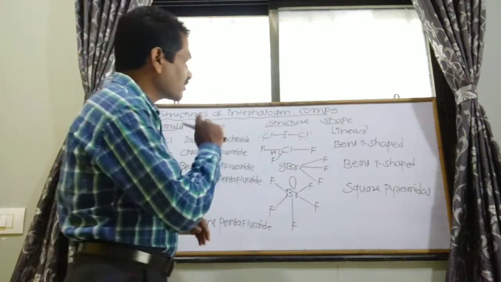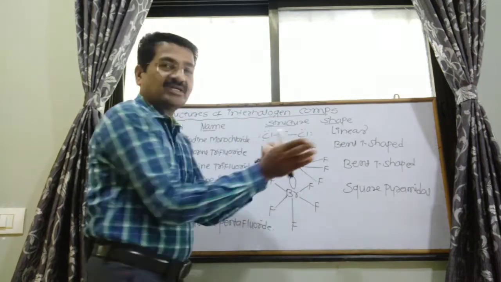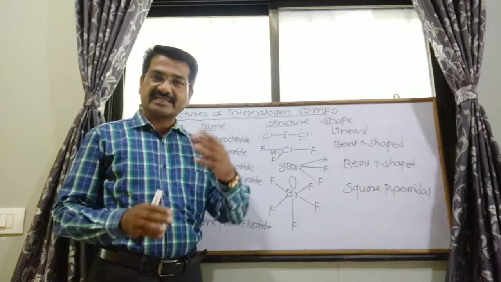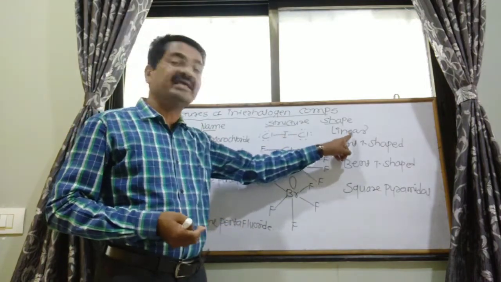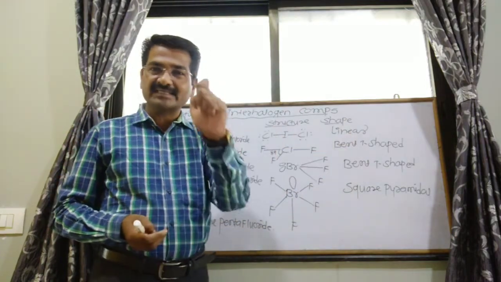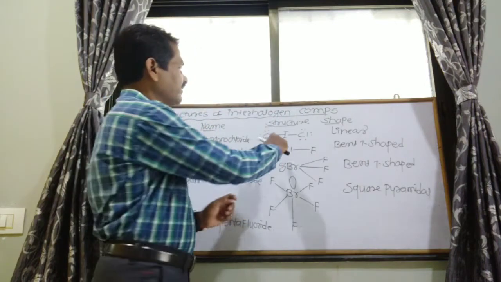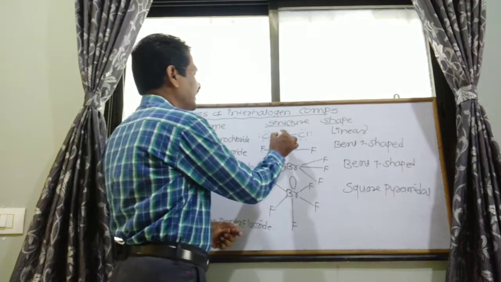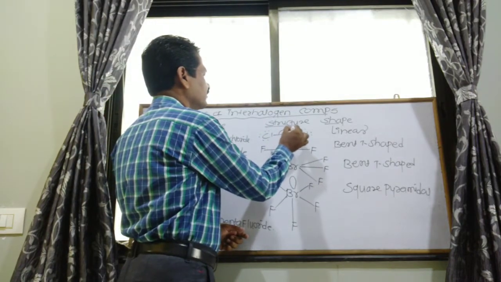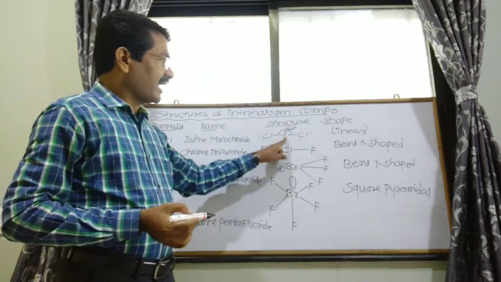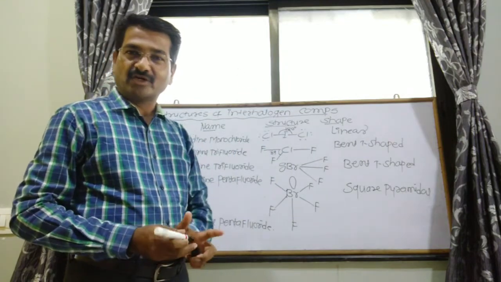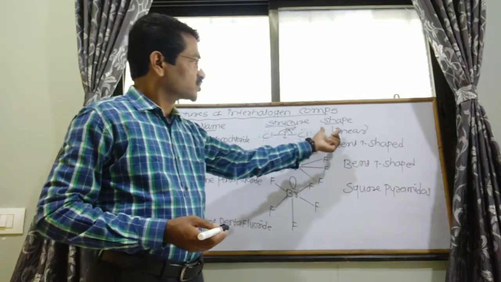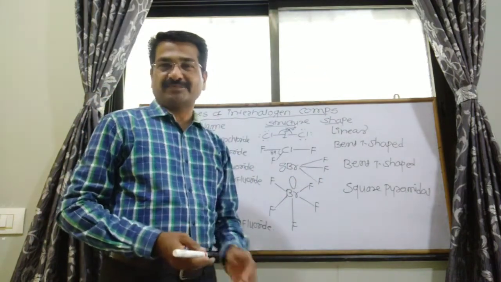Iodine can link with chlorine to form a straight line structure. A straight structure is called a linear structure, having a 180 degree angle. Cl, iodine, Cl possess the straight line structure, which is called linear shape.